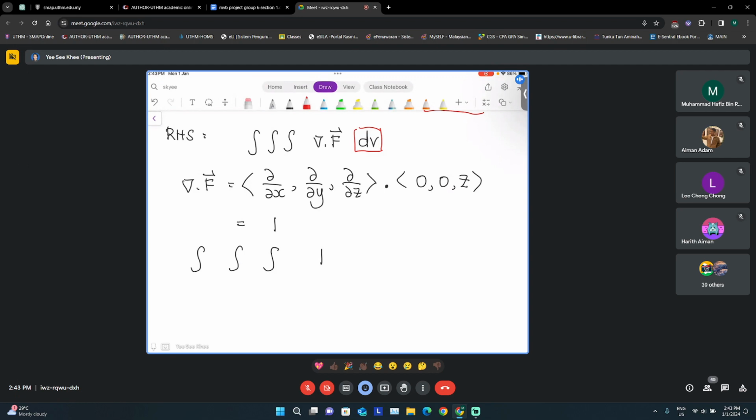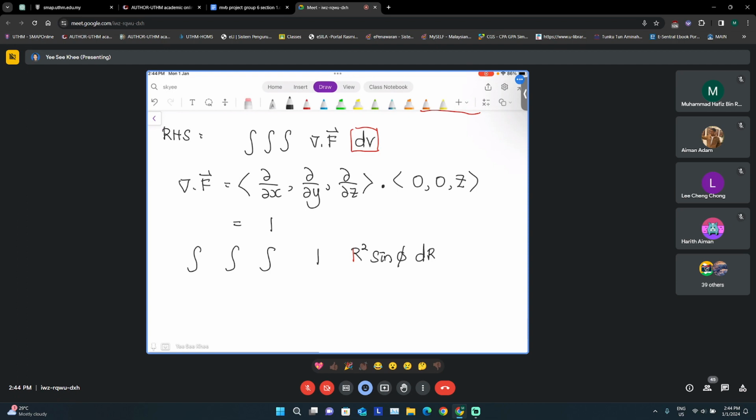So the dV here, you could use the spherical coordinate system, which is r squared sine phi dr d phi d theta. So this represents your dV for the spherical coordinate system.